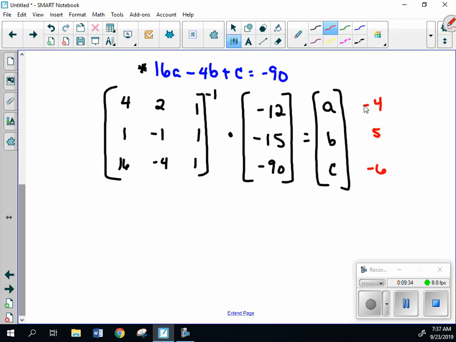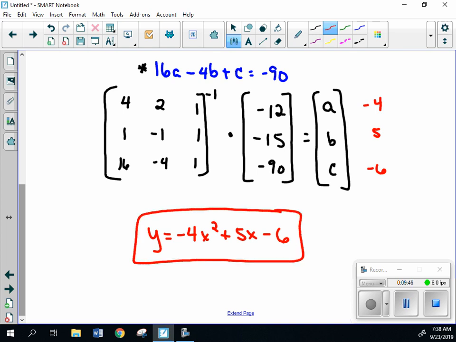So I can now write my equation: y equals negative 4x squared plus 5x minus 6. So we're using previous material with our matrices in order to figure out our equation.